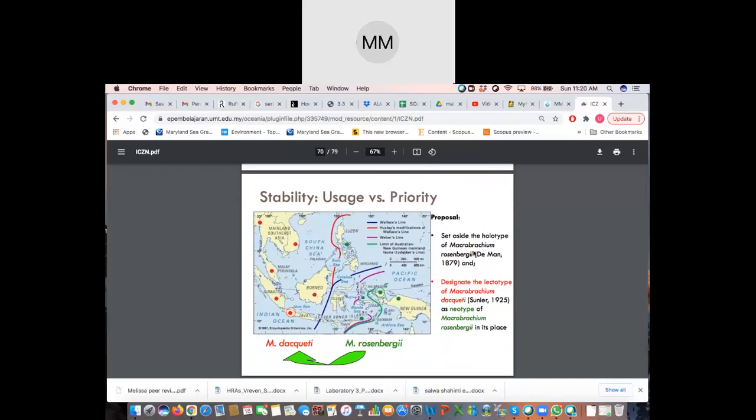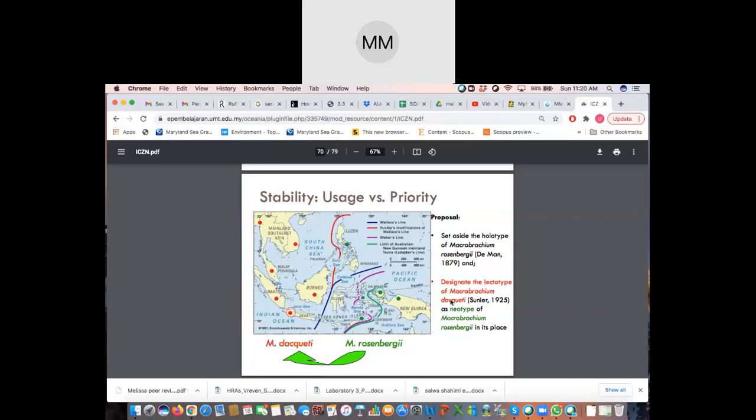So what is the proposal for this? What was decided was to set aside the holotype for Macrobrachium rosenbergii and to designate a lectotype of Macrobrachium dacqueti as a neotype of Macrobrachium rosenbergii in its place. So technically, the dacqueti that Sanya initially made for Java cannot be used.